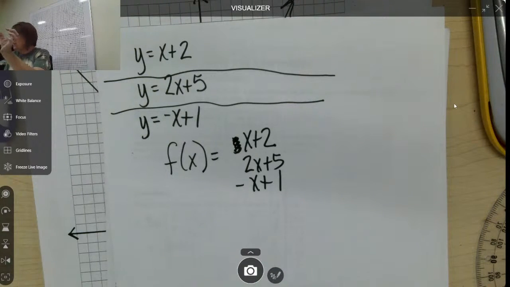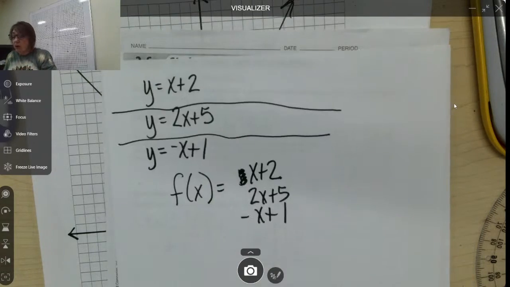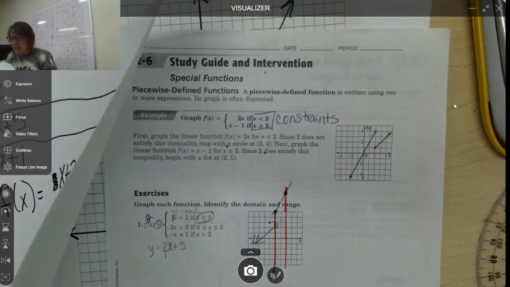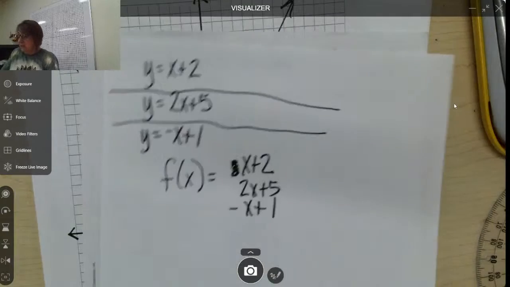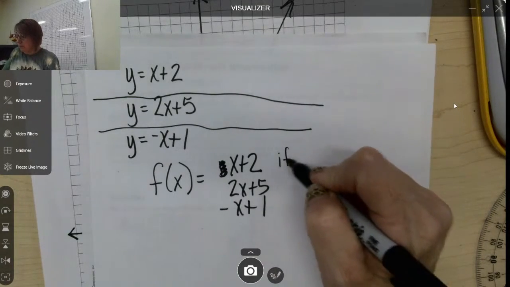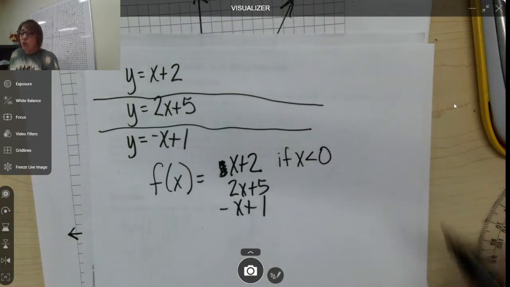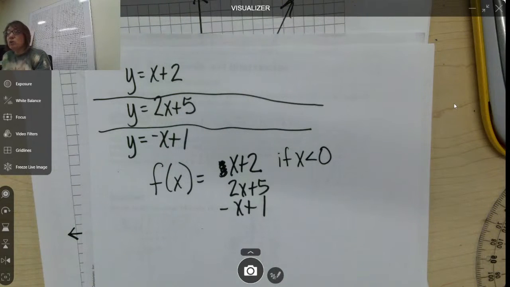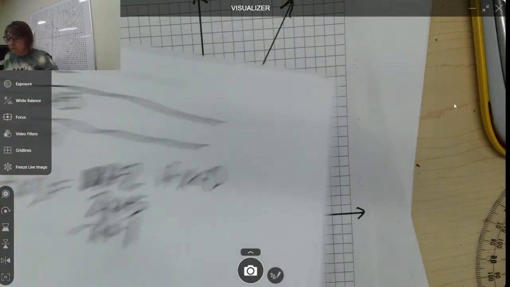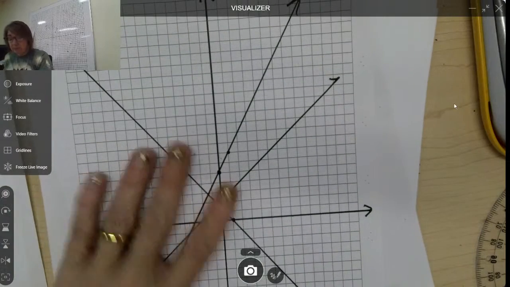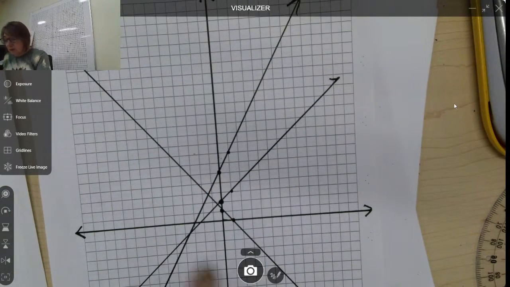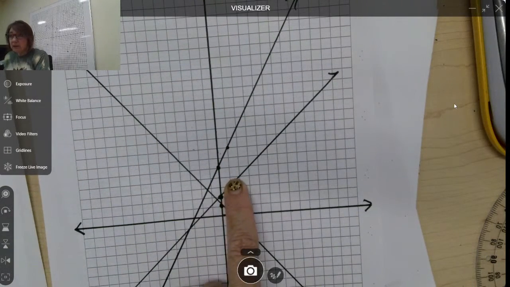We're just using pieces. So on our paper where it says if x is less than 0, that means we're only going to use the part of the line where x is less than 0. So if we go to our line that I drew the whole thing on, that's this line right here, right?